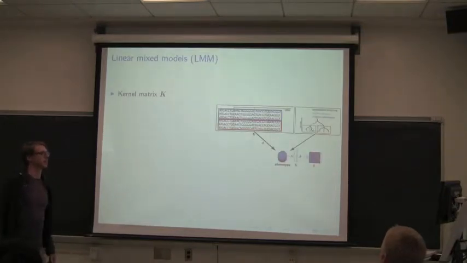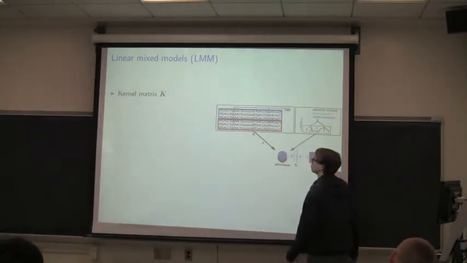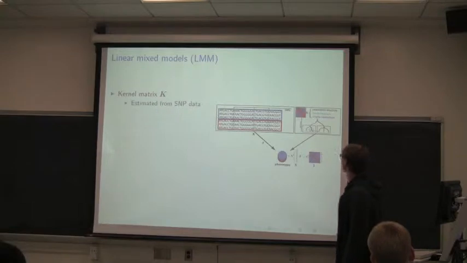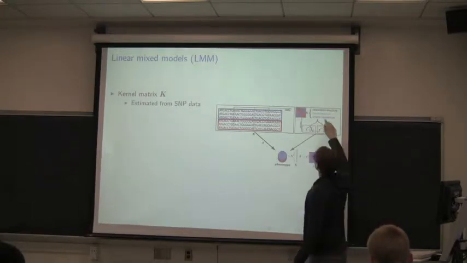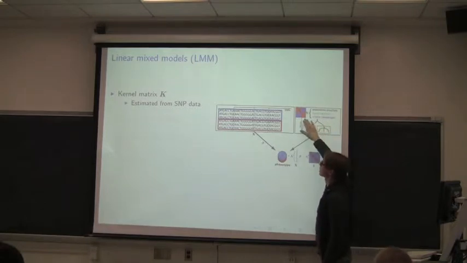A more reasonable approach is the linear mixed model, which, as we said, introduces a matrix K, which is called the kinship, or I mean, it's a covariance matrix, so I like to call it a kernel because I have a machine learning background. It typically is estimated from SNP data.